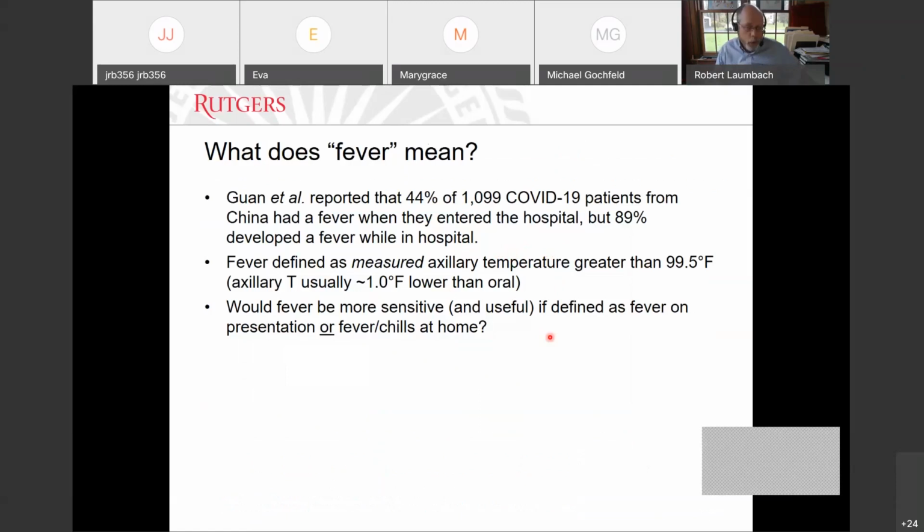So it also raises the question about the sensitivity of a sign or symptom, that in the hospital is actually quite specific, with a trade-off between sensitivity and specificity. A more sensitive measure of fever, perhaps, is fever or chills at home, or fever on presentation.